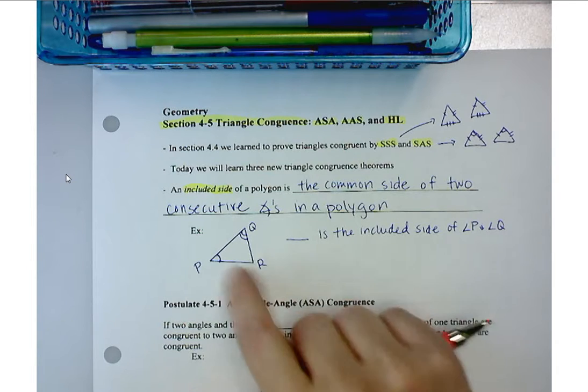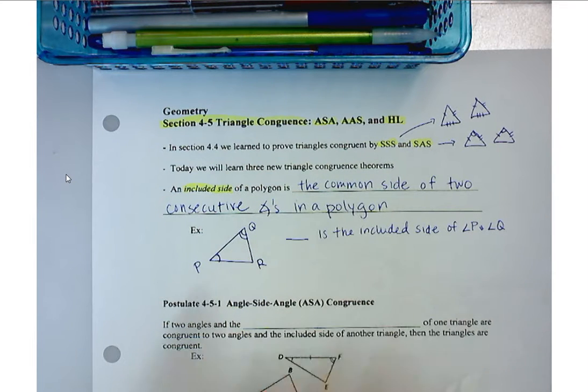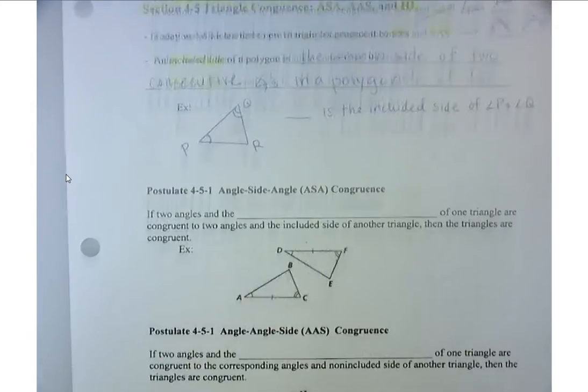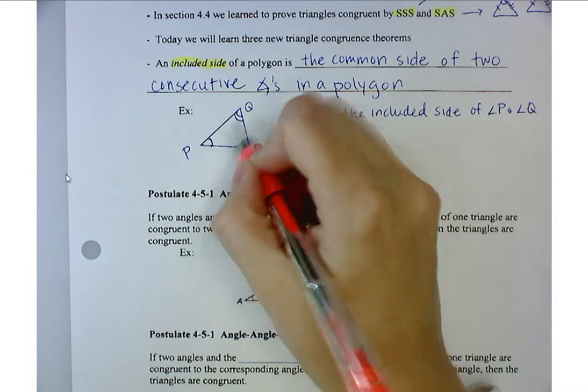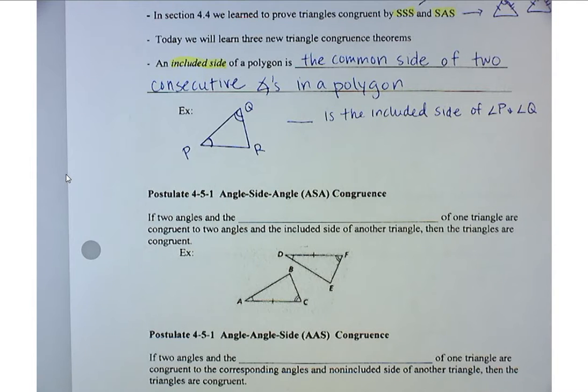So you're looking for the side that's in between these 2 angles. Izzy, what do you think it is? It won't be an angle, it'll be an included side. So what side is in between your P and your Q? The PQ side, right.